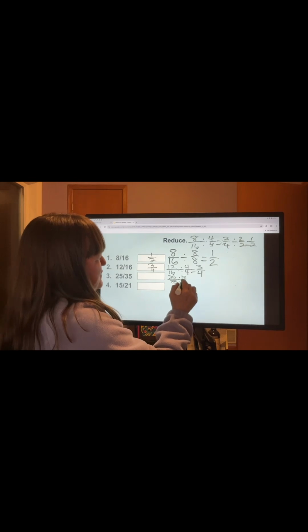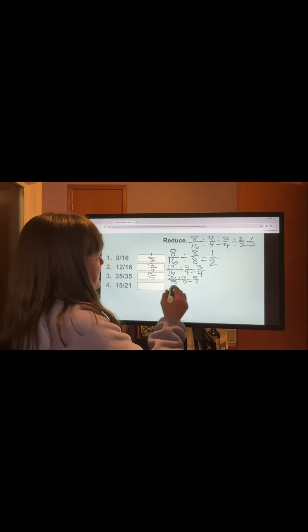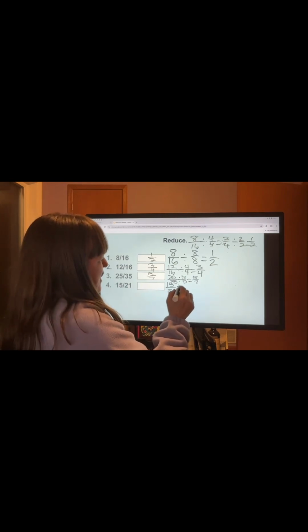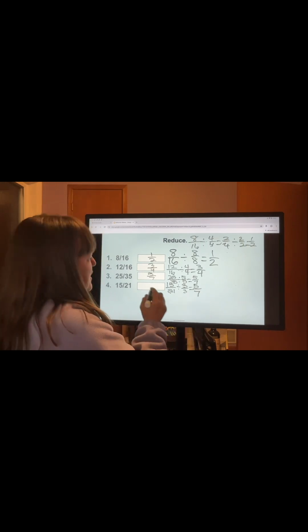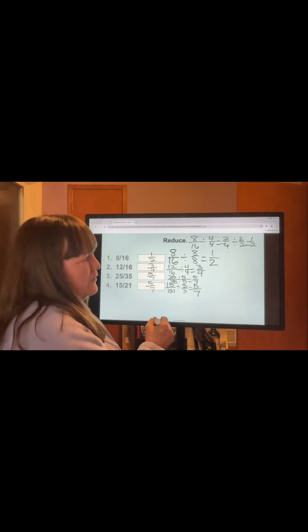Let's check it out. 5 goes into 25 5 times. 5 goes into 35 7 times. So your answer for that one would be 5 over 7. And then 15 over 21, I'm going to assume is 3. 3 goes into 15 5 times. 3 goes into 21 7 times. Okay? And you would reduce it to 5 over 7.